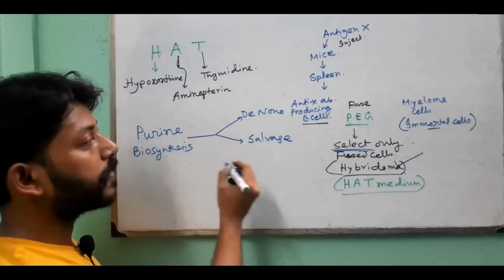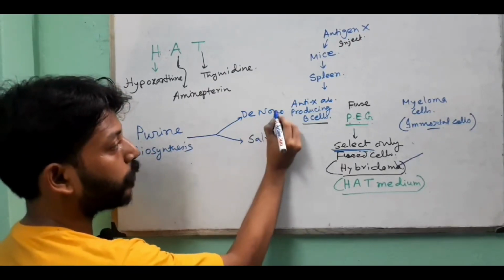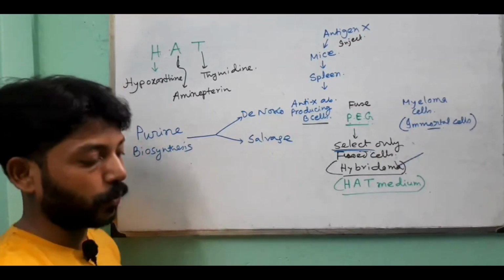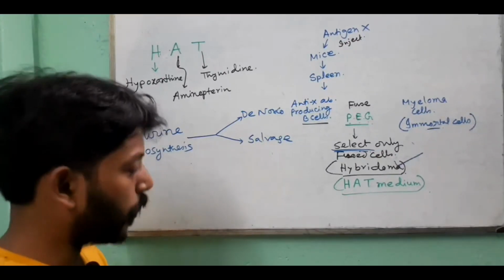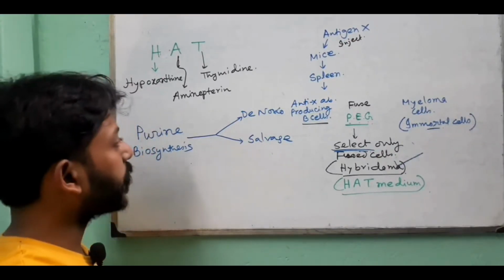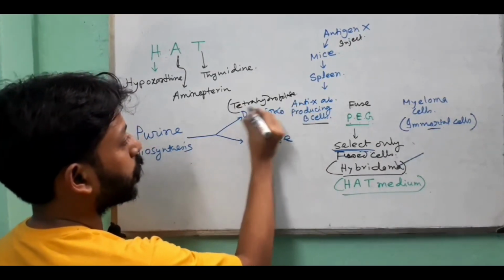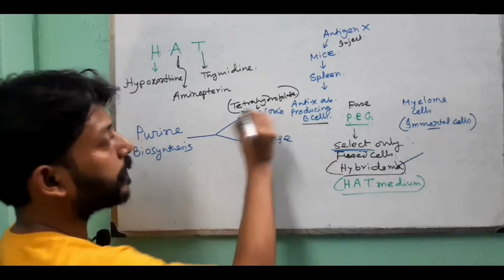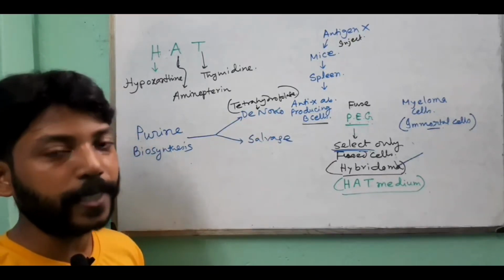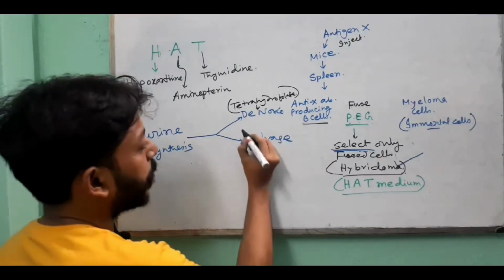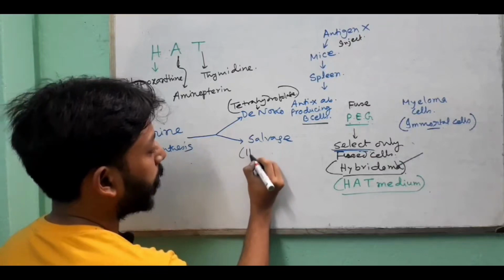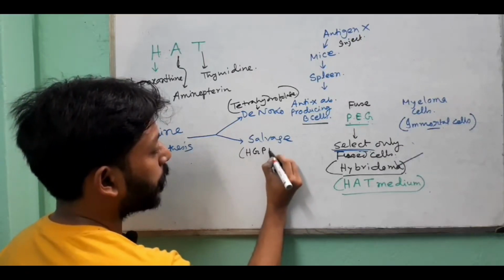So purine can be synthesized by the de novo pathway and the salvage pathway. For the de novo pathway, one important chemical, tetrahydrofolate, is required, and for the salvage pathway, one enzyme is required, called HGPRT.